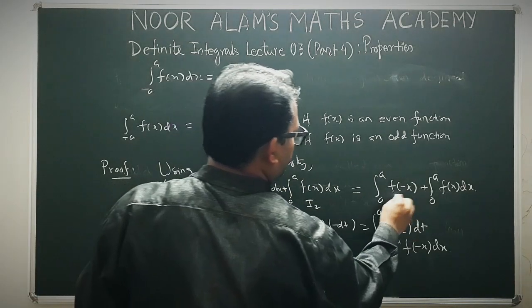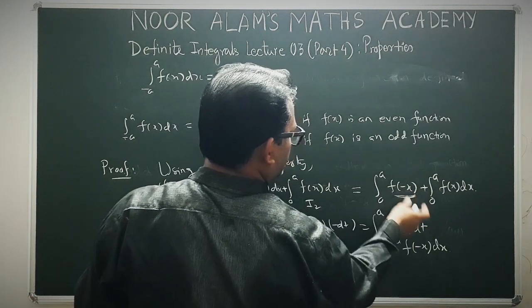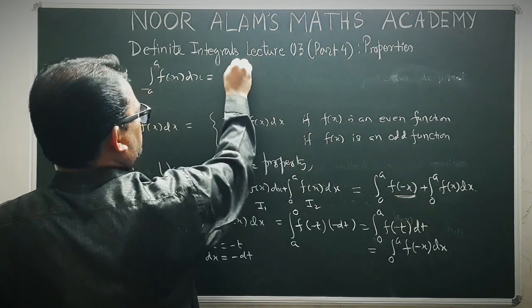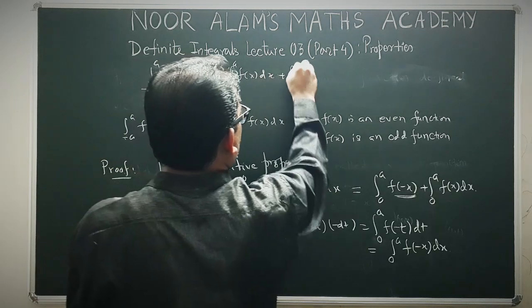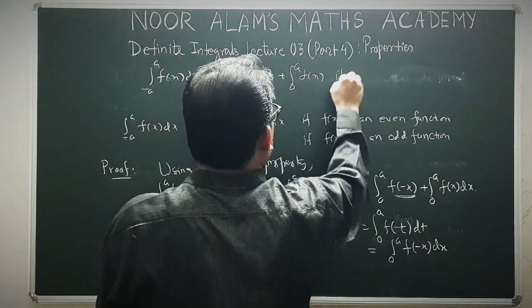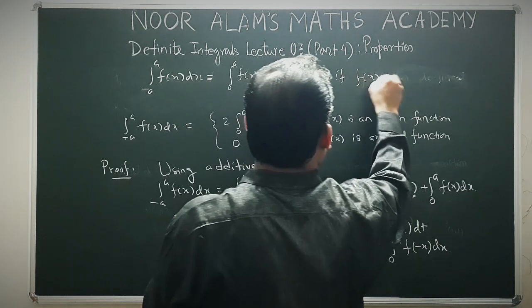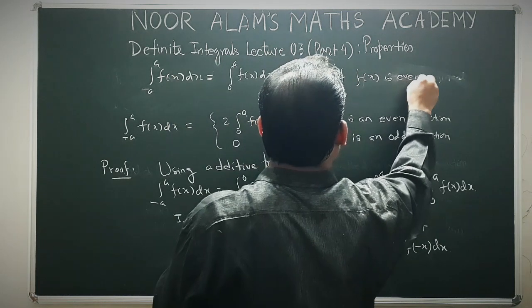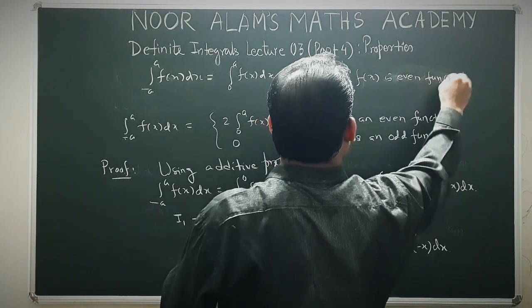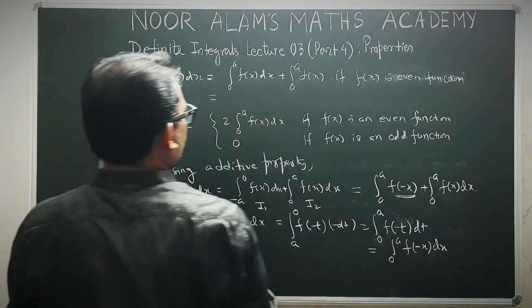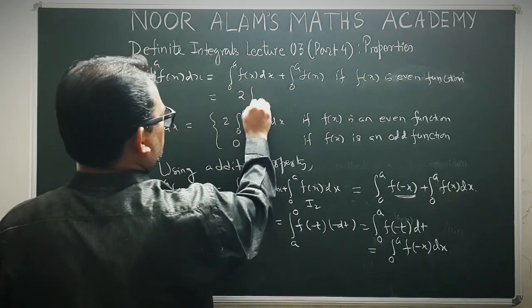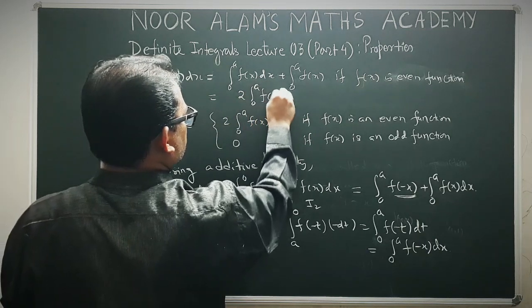Now if the function is an even function, f(minus x) will be f(x). So we can write the integral from 0 to a of f(x) dx plus the integral from 0 to a of f(x) dx. By the definition of an even function, we have these two integrals twice, so we can write 2 times the integral from 0 to a of f(x) dx.